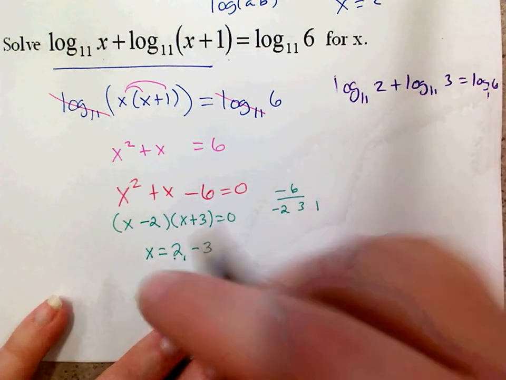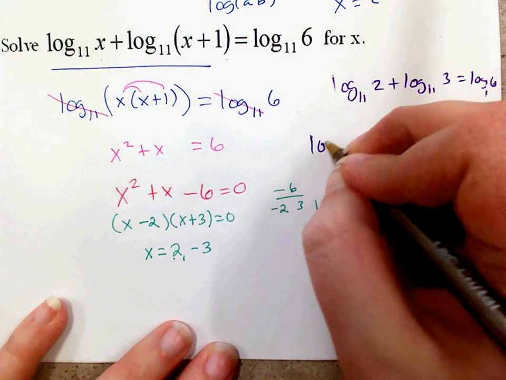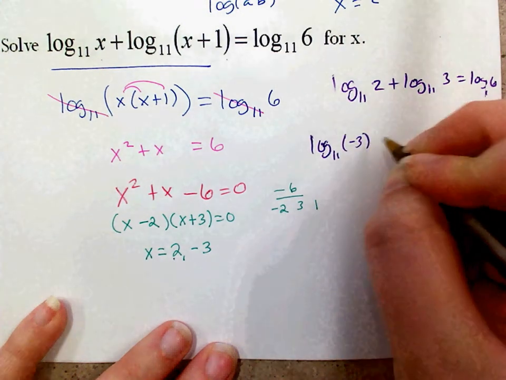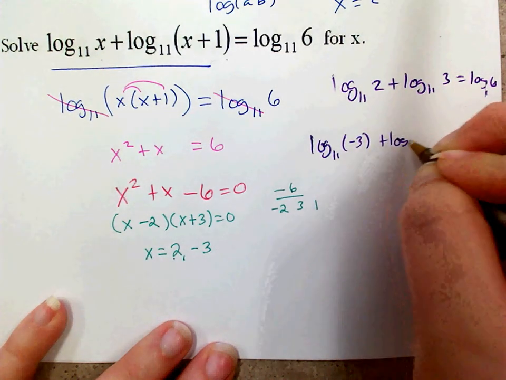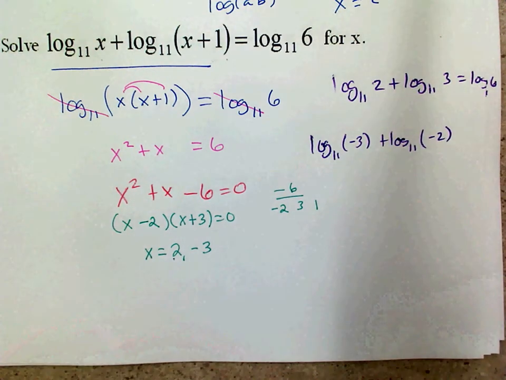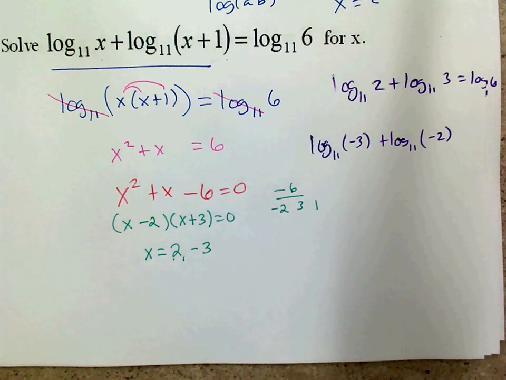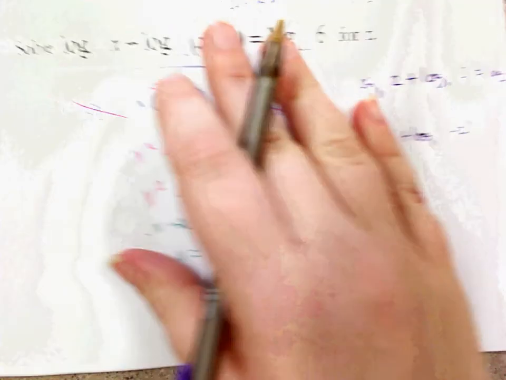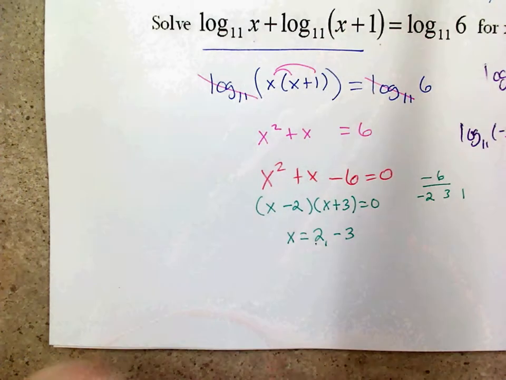So what's the issue with negative 3? Log base 11 of negative 3 plus log base 11 of negative 2. Can you remind me what the log graph looks like?